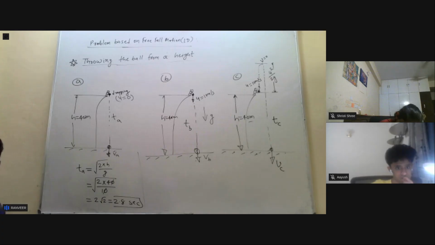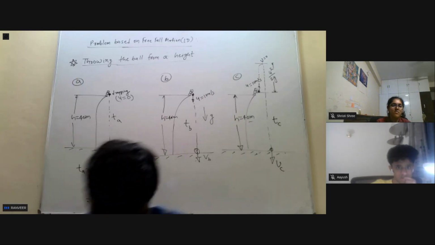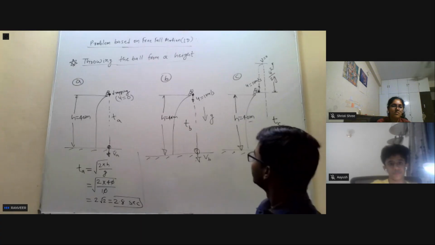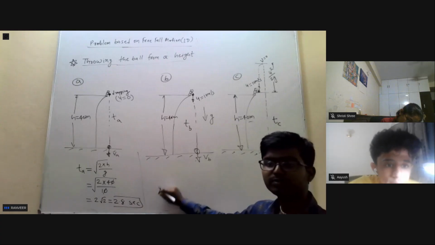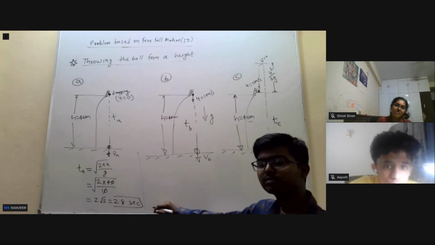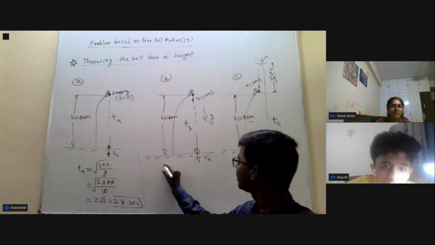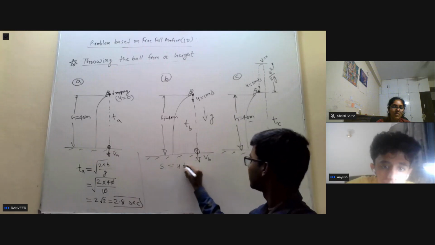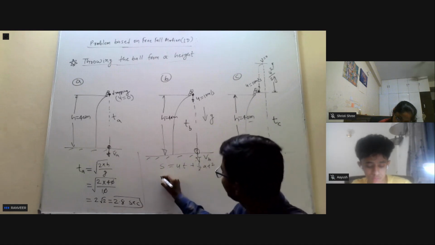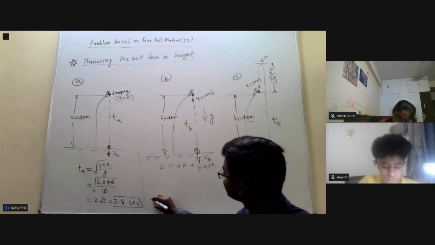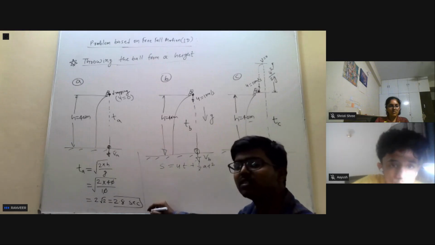How to calculate TB? S equal to ut plus half at square. So as we know, what's the S? 40 meters.